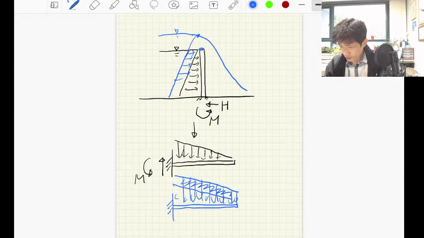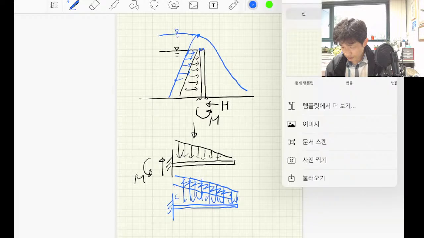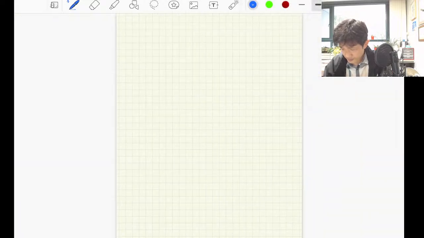Now let's go back to our exam problem. Let me sketch the problem so that you can understand it easily. We have a plank here.